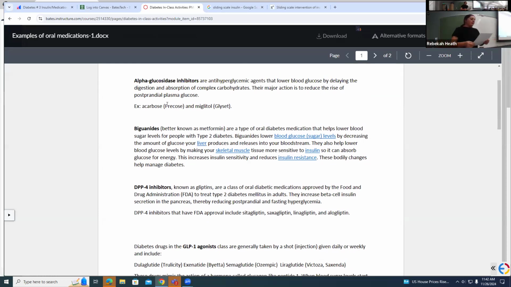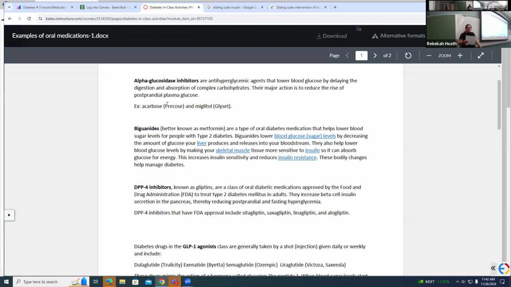So looking at the alpha-glucosidase inhibitors, those are Precose or Glyset. Those are what you might see. Those help to delay the absorption of carbohydrates, right? If we can delay that carbohydrate absorption, our blood sugar is not going to spike up as fast. That kind of makes sense.